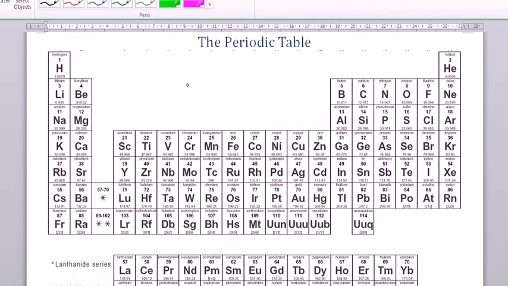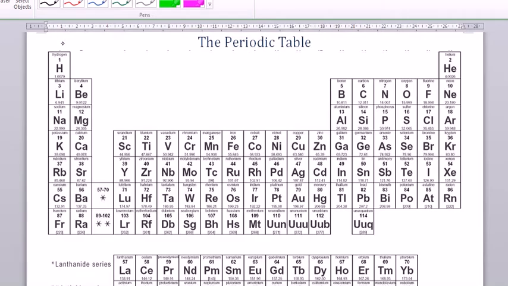When you go on to the next row, the third period, you have sodium, which has 11 electrons, arranged 2 in the first shell, 8 in the second shell, and 1 in the third shell. Notice the number of valence electrons is equal to the group.